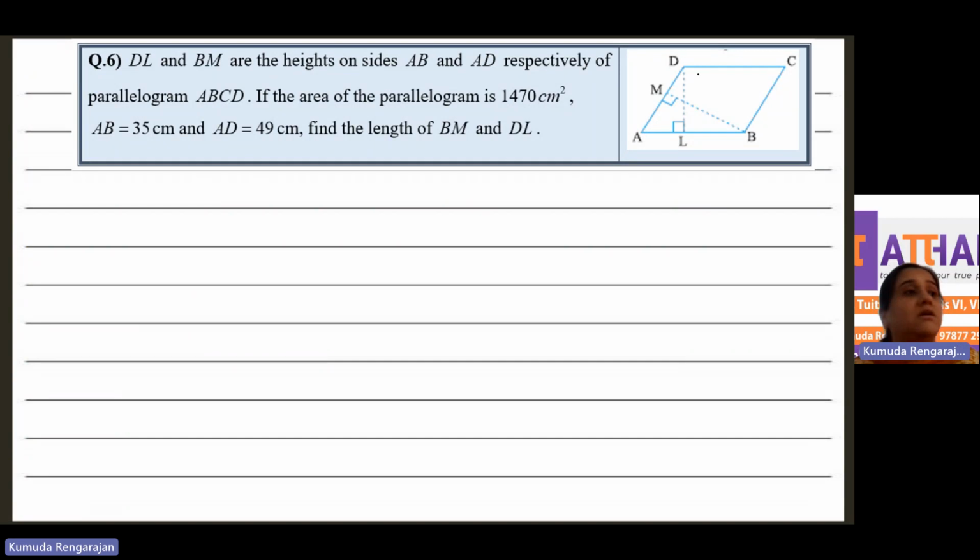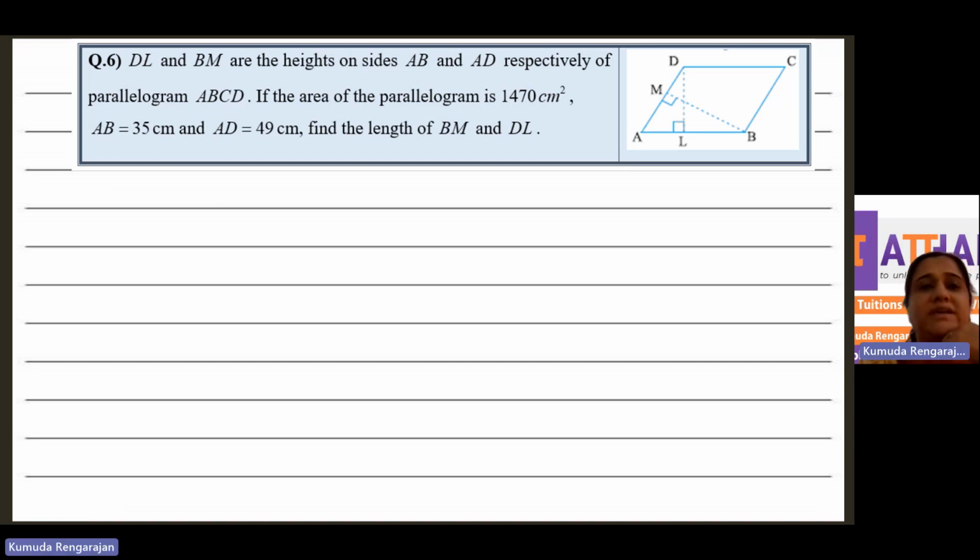Now repeat this: DL is the altitude on the side AB. Look at the figure. Why is DL the altitude? Because it makes 90 degrees with AB.